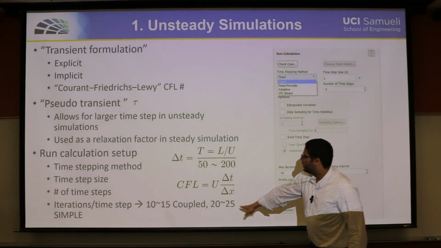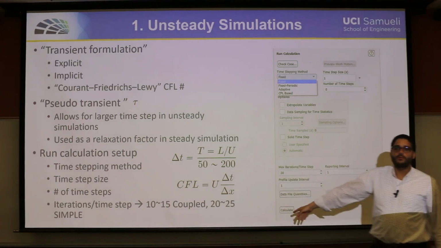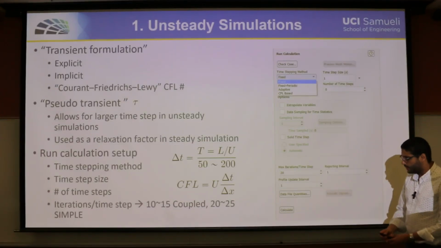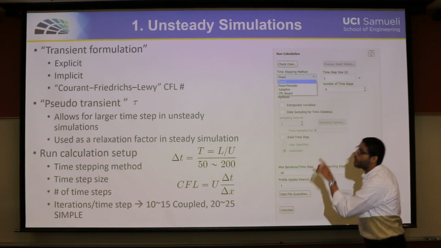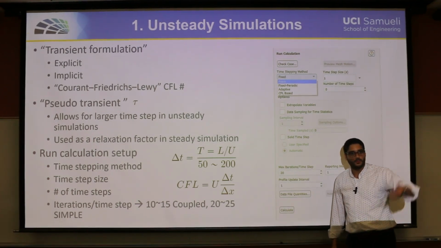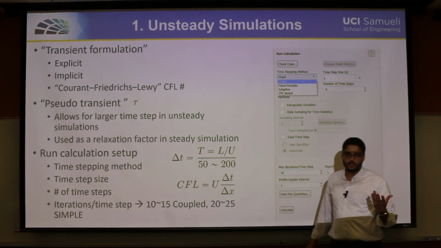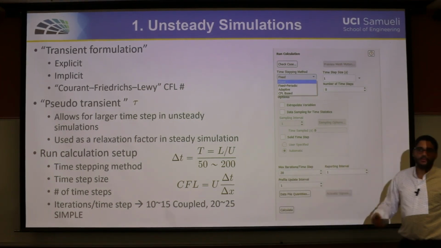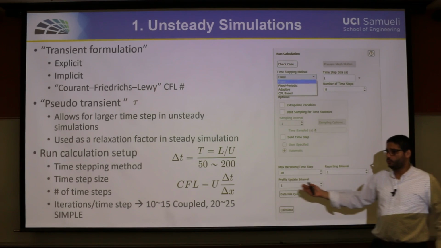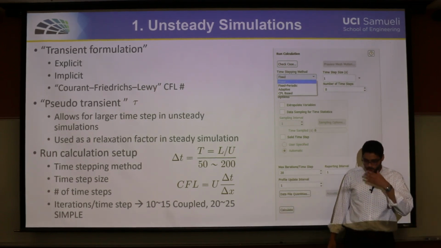And these are the recommendations by Fluent and most of the scholars in the CFD community. If you are using the coupled scheme, and now we are experts, we know what the coupled scheme is, we need only 10 to 15 iterations. But if you're using the simple scheme, most of the time you will need around 20 to 25 iterations.